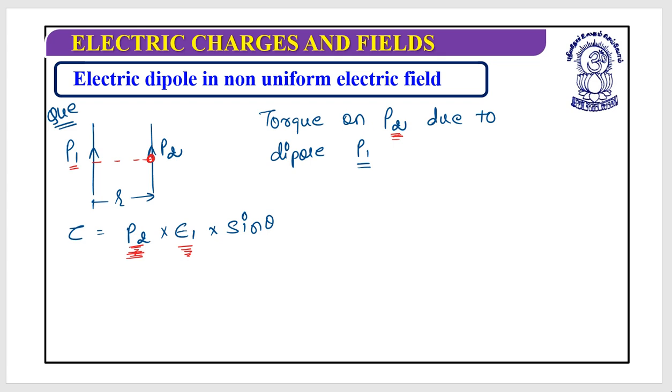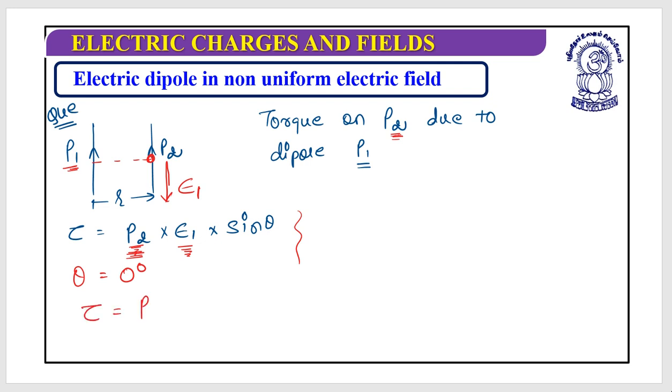For equatorial position, electric field will be opposite to the dipole moment. So in this direction E1 would be there. So here in this case theta is equal to 180 degree.